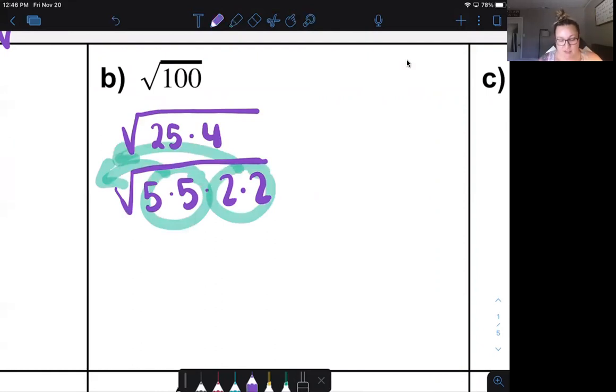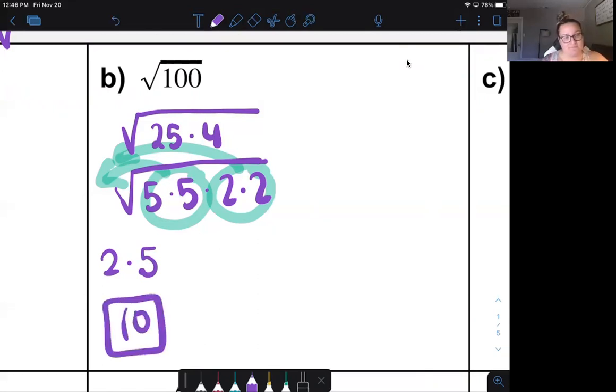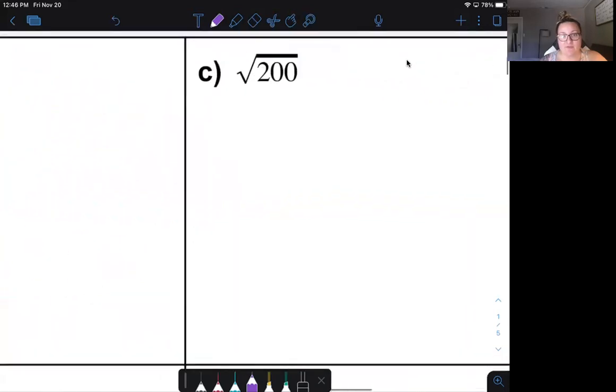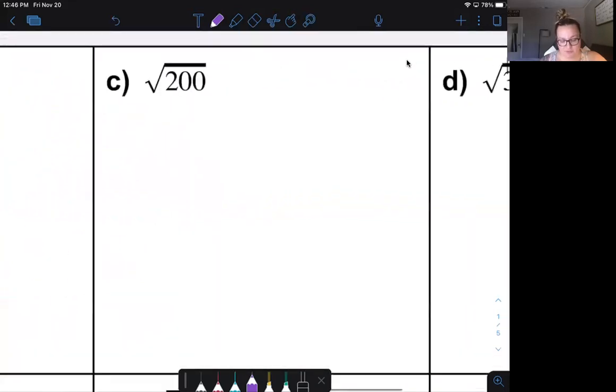And we keep things as multiplication when we simplify radicals. So it's really 2 times 5. And then there's nothing left inside the radical except for a 1 technically. But again, the square root of 1 is just 1, so we don't really need it. Then what's 2 times 5? 10.